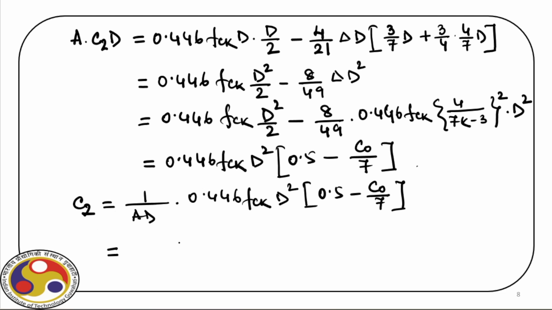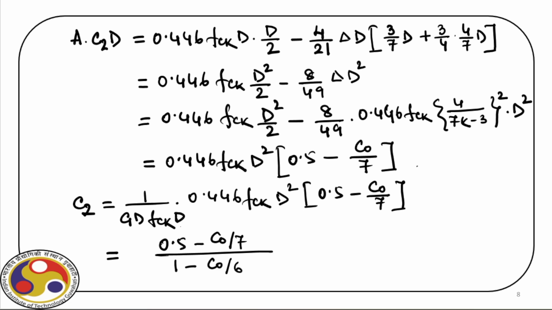So this we can further simplify because we know this A is nothing but C1. So in place of A we can write C1 times D times FCK times D. So finally we can simplify it to 0.5 minus C0 by 7 divided by 1 minus C0 by 6.